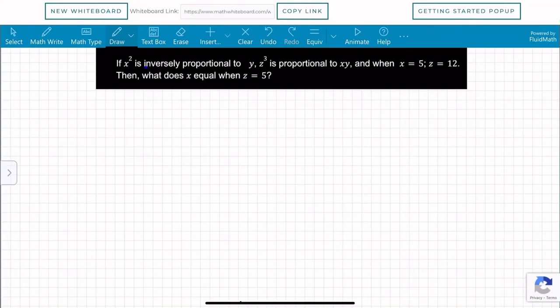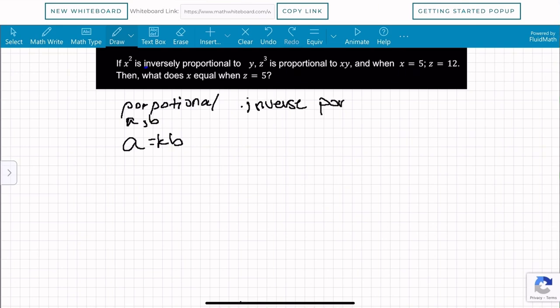Today we'll be solving a question using inverse proportionality and proportionality. So first we're going to start out, what is proportionality? It's really just two of these values that are proportional to each other, like a fraction, and we're going to be using these two variables, a and b, and a constant k.